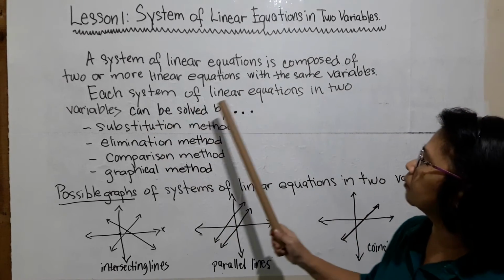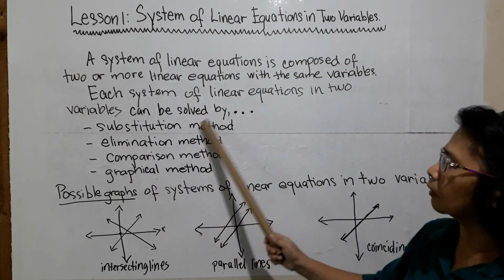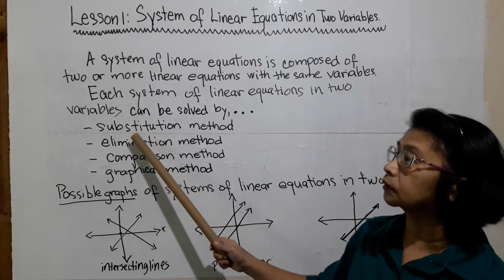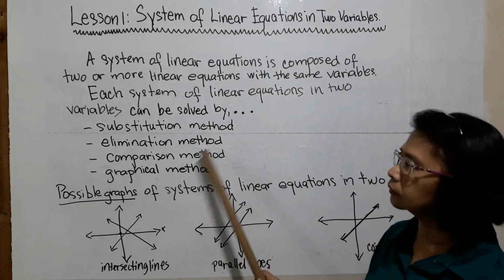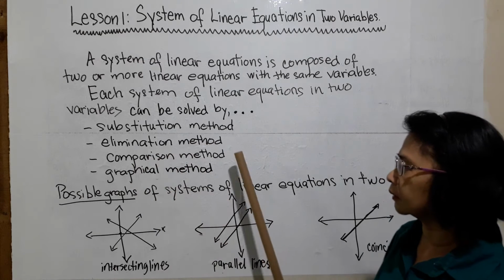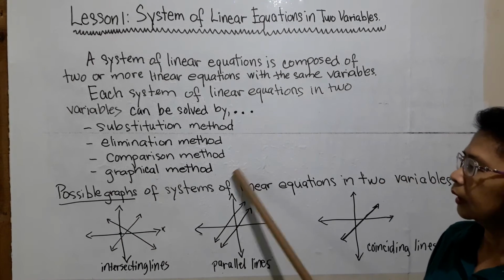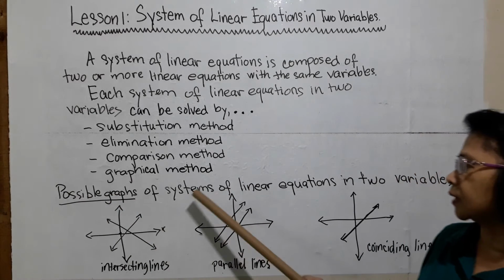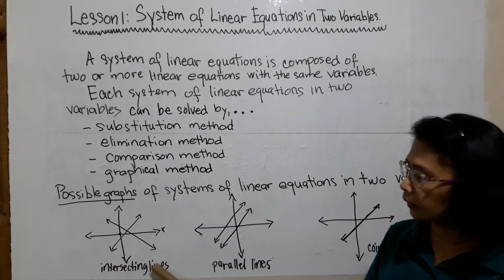Each system of linear equations in two variables can be solved by the substitution method, elimination method, comparison method, and graphical method. The possible graphs of systems of linear equations in two variables could be intersecting lines.